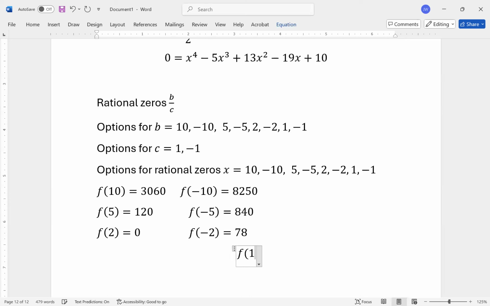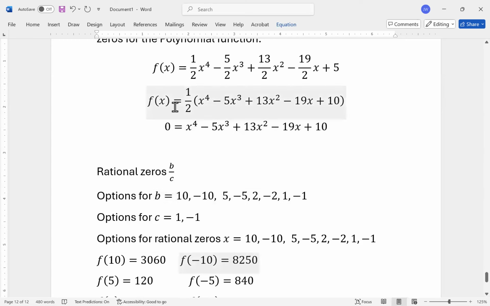If I plug in a 1, I get a 0. That's a good thing. If I plug in a -1 into my original function, I get 24. Again, if you plug them into the original function, I believe you get these numbers. I might have a miscalculation.